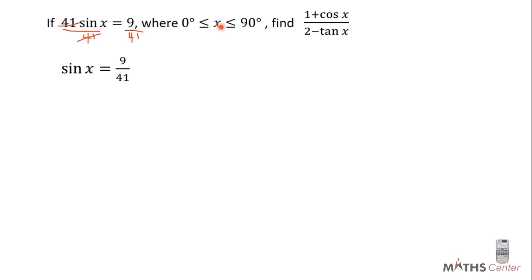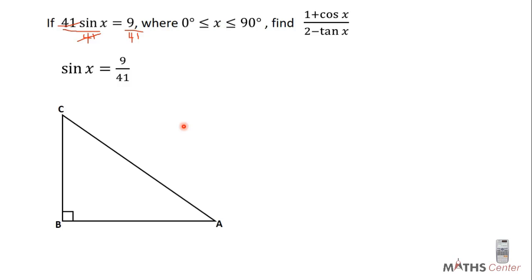We also know that x is an acute angle, which means that if we draw a right angle triangle like this, we can name one of these acute angles as x. So I'm going to call this acute angle here x. From this equation, we know that sine x is equal to 9 divided by 41. But we also know that sine is equal to opposite divided by hypotenuse.